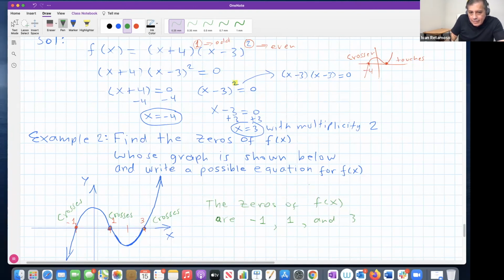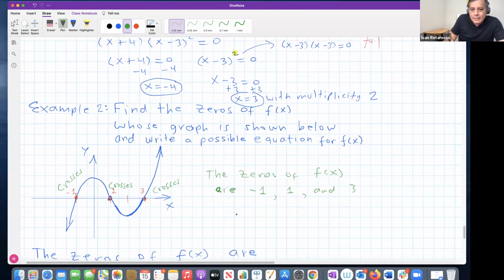Now, I invite you to do this backward thinking. If these are the zeros, they came from some factors set equal to 0. So the way you construct this factorization, and therefore a possible equation for f of x, is this.